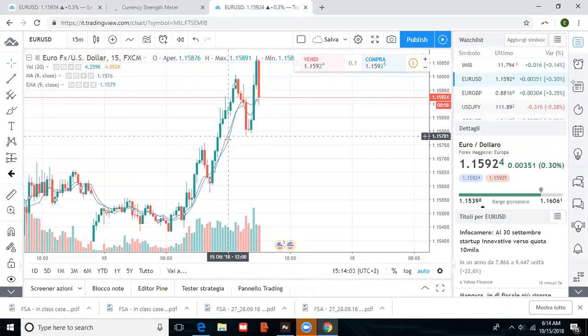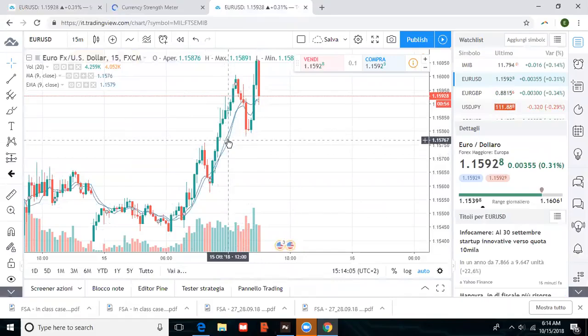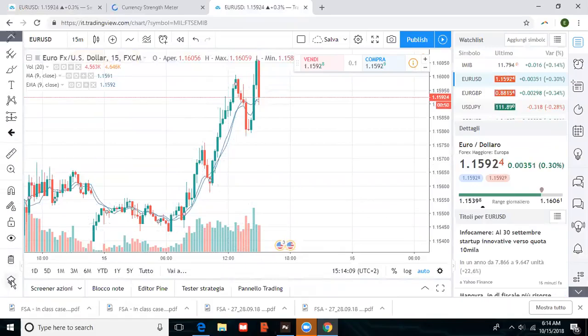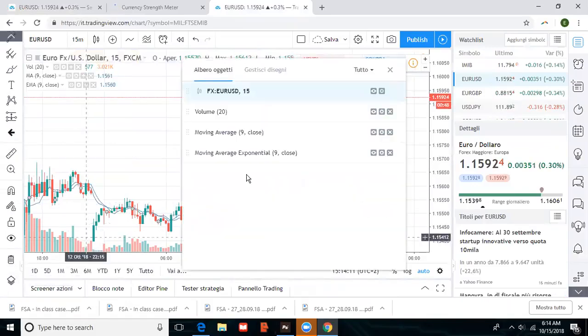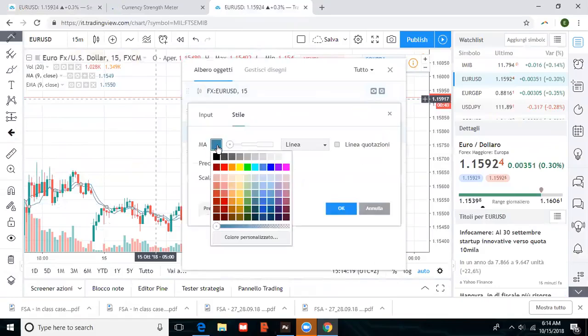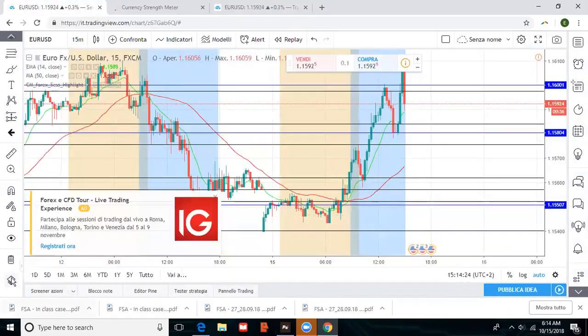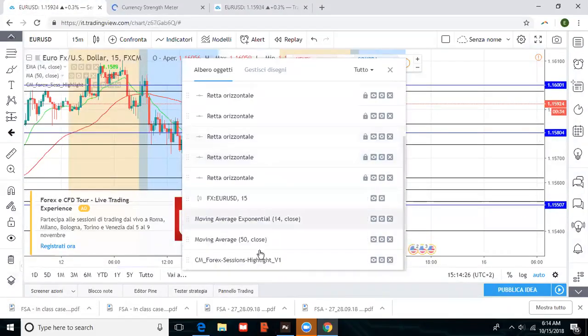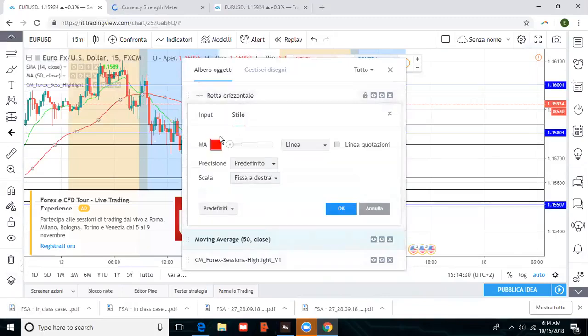So you see here, you have your two indicators, moving average and moving average exponential. You have to go to settings right here, select moving average, settings. The color of the moving average, let's do it like mine, has to be red.